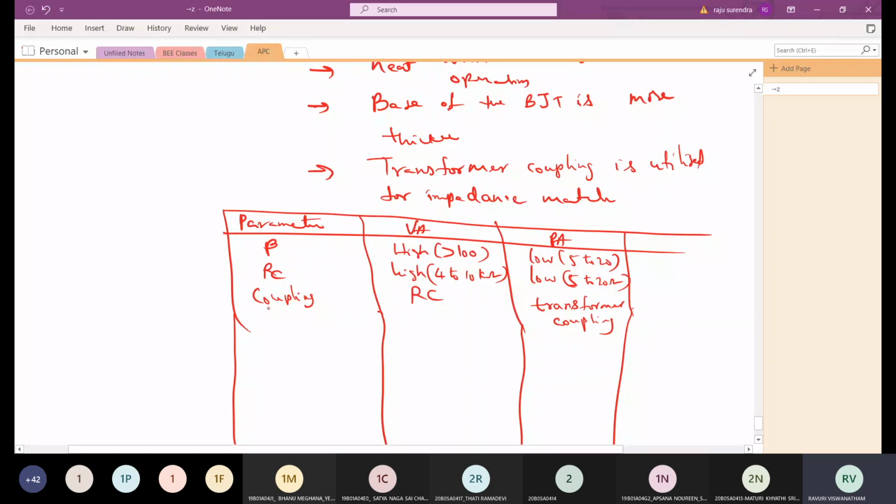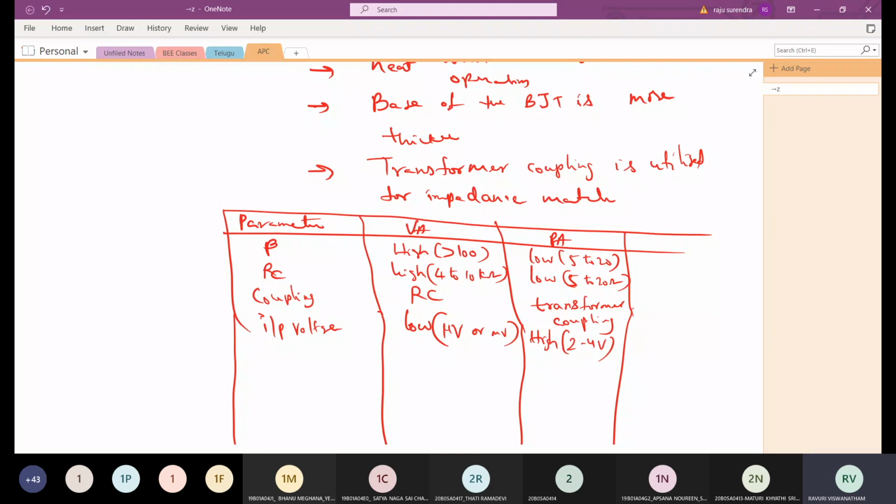And coming to the input voltage, for voltage amplifiers, it may be low. Why? Because we have already discussed, it may be microvolts or millivolts. For power amplifiers, it is high, maybe 2 to 4 volts.